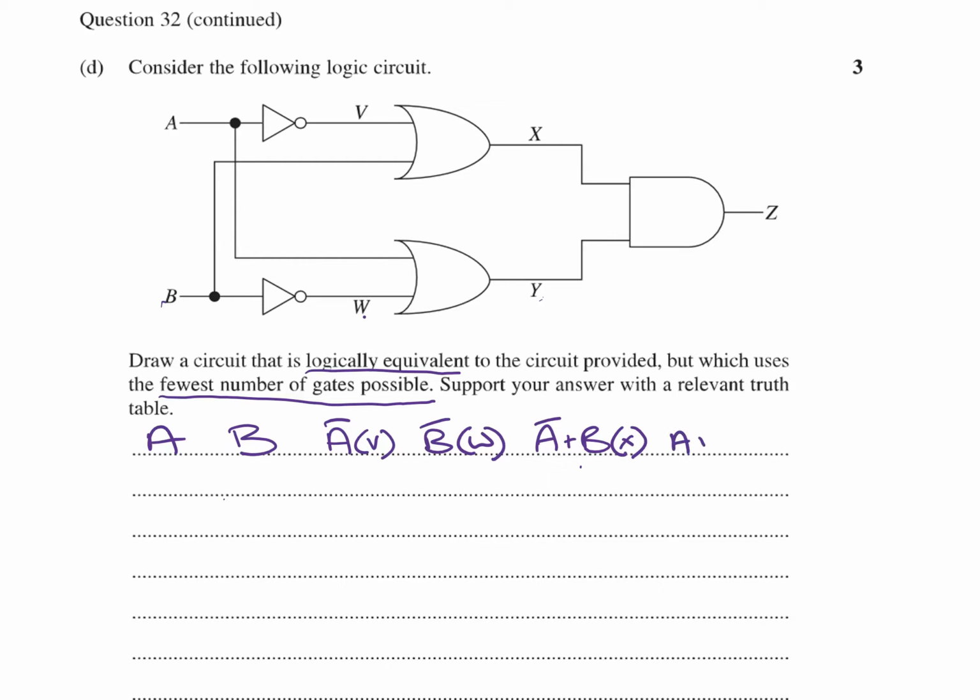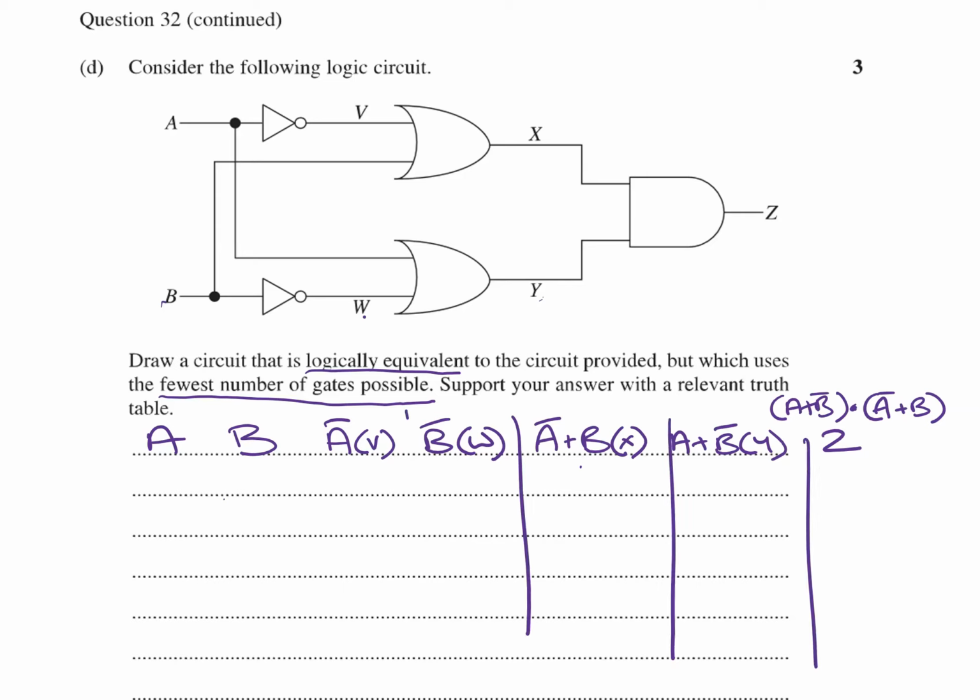So A or not B, which is Y. And then we have all of that added together, which is Z. And I'll write above it, which is A or B, not B, and not A or B. All of that added together gives us Z.